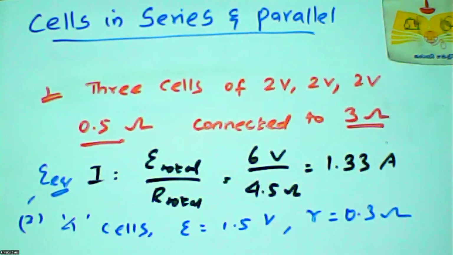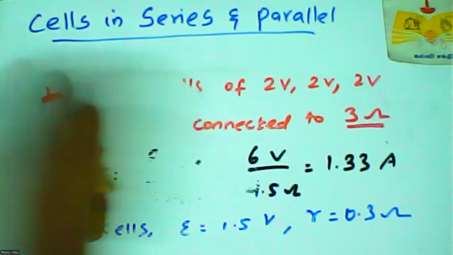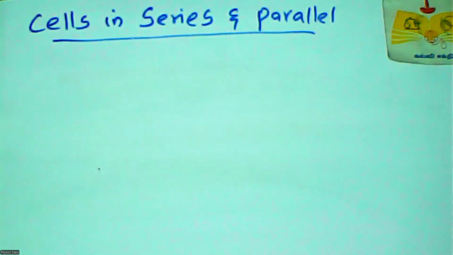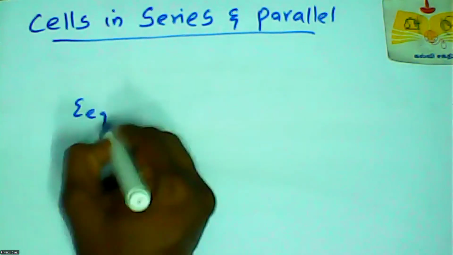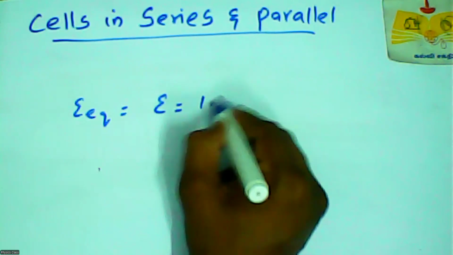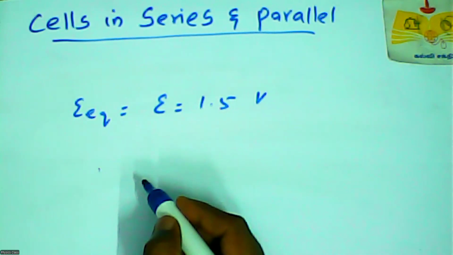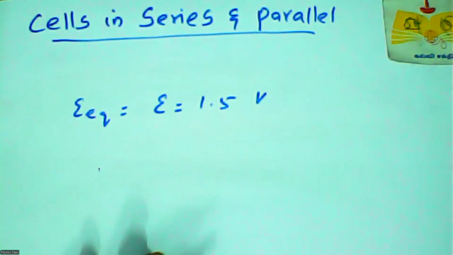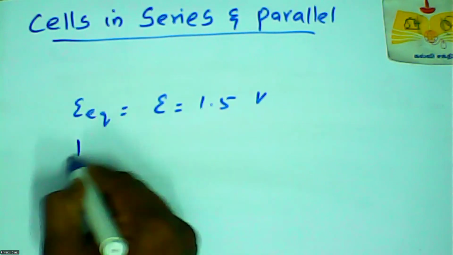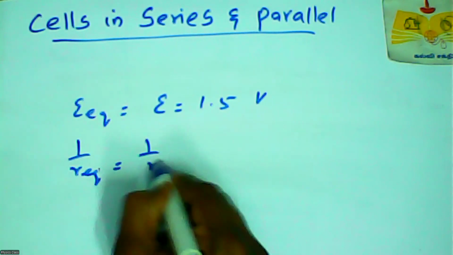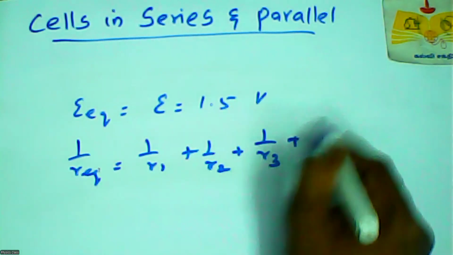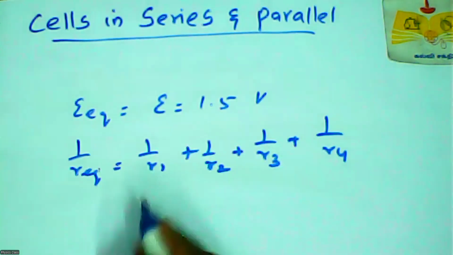Okay, for this sum, equivalent EMF is 1.5 volt, because each cell has 1.5. So equivalent EMF 1.5 volt. Already I told you. And the equivalent internal resistance, R equivalent means 1 by R1, 1 by R2, 1 by R3, 1 by R4, because here there are 4 cells, right?